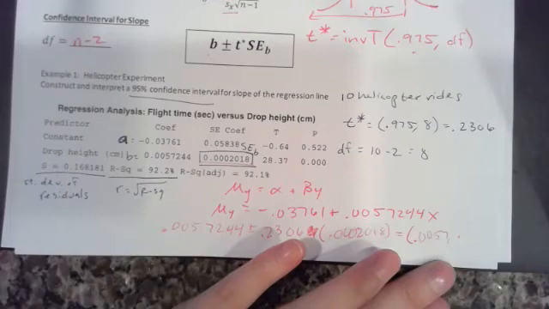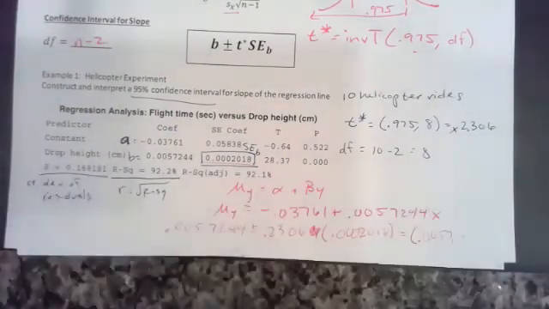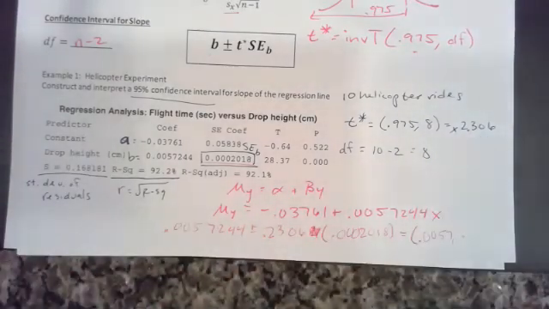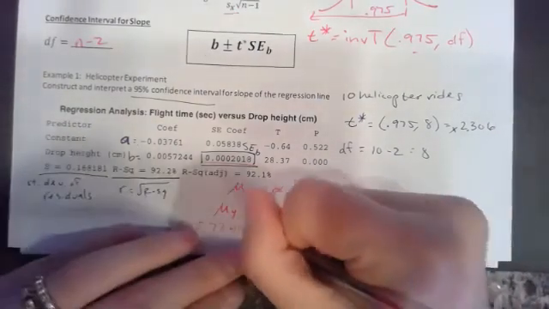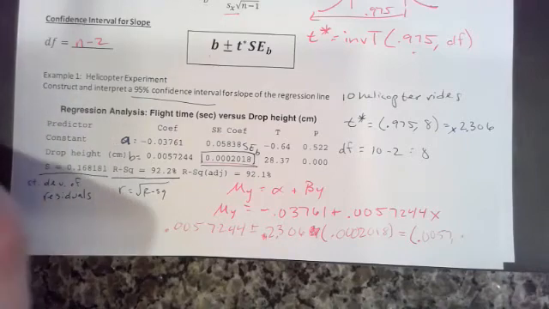Let me definitely, sorry, I'm just making sure I didn't mess up anywhere, guys. There we go, sorry. I got the wrong t star. I wrote the decimal in the wrong place. It's 2.306, and that completely changes my answer here. Let me try that one more time. All right, there we go. I'm like, that doesn't seem quite right to me.